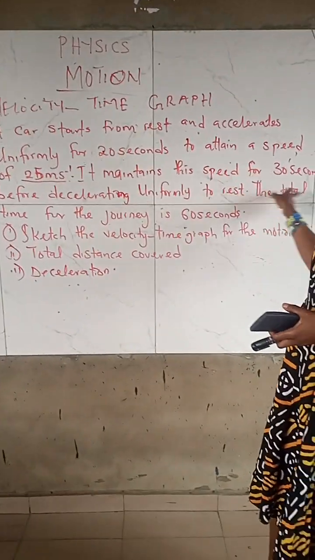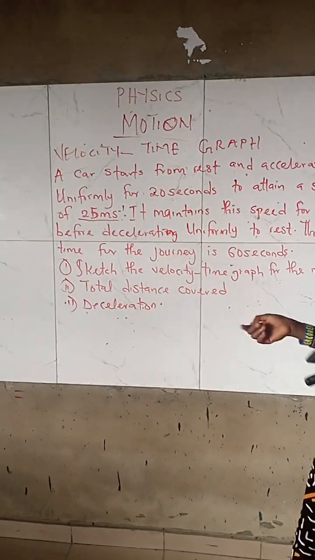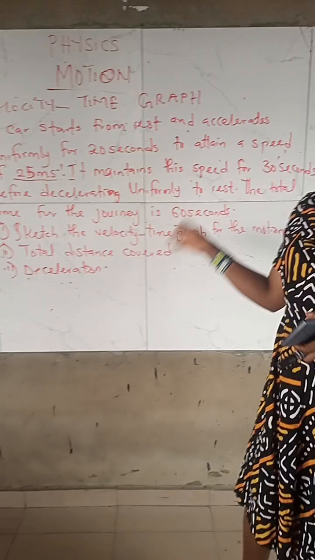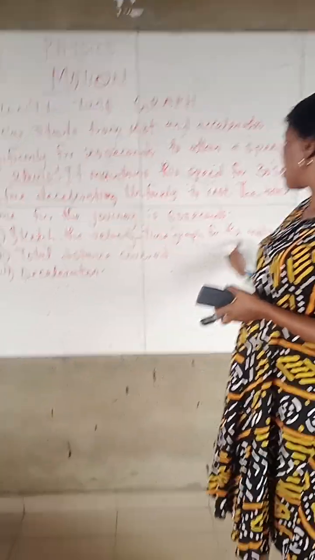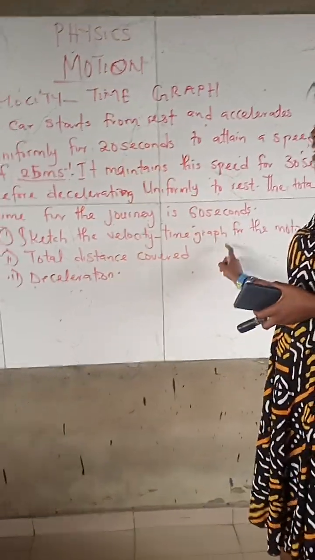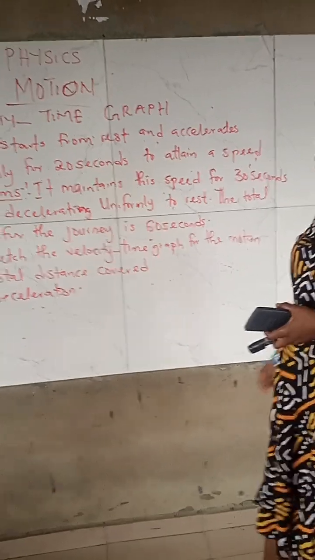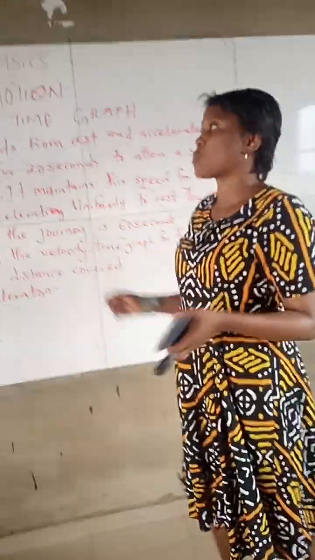It maintains this speed for 30 seconds before decelerating uniformly to rest. The total time for the journey is 60 seconds. The first question says, sketch the velocity time graph for the motion. The second question says, find the total distance covered. Then the third question says, find the deceleration. Let's solve this question together.